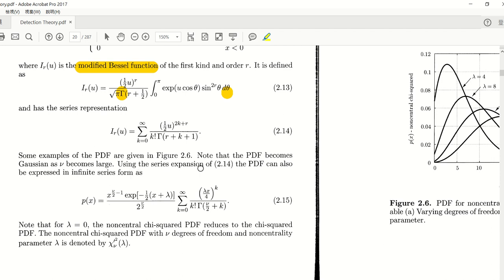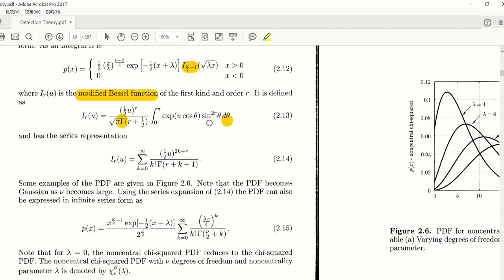So using the series expansion, that is the expansion of this, you put this whole thing into here and make a simplification. You see P of X is expressed in this way. You have a term multiplied by a summation of this thing. It's expressed in infinite series form, sort of like this as a replacement for the I.